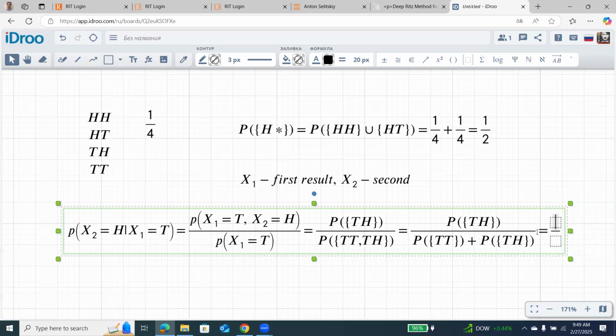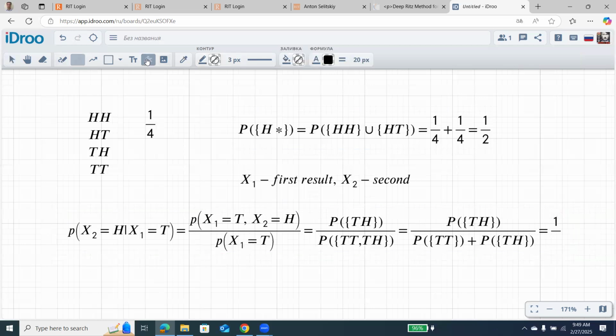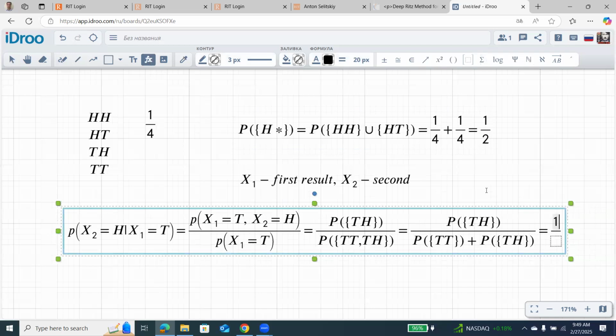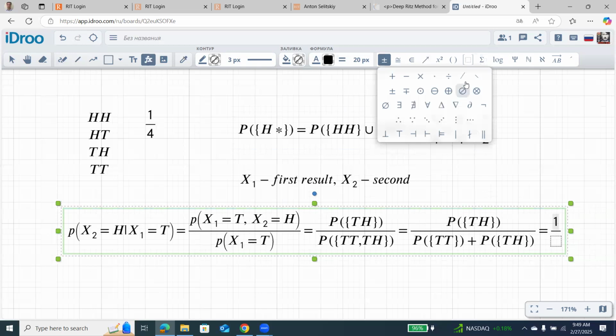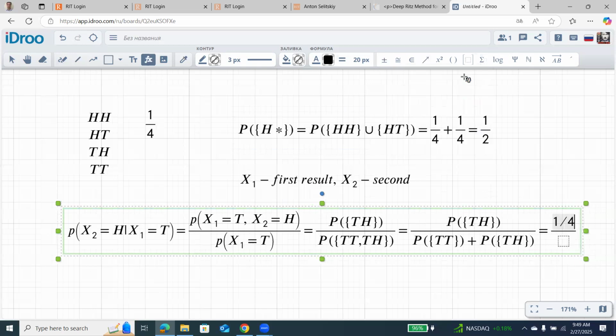What is the probability of tails tails? 1/4. Okay. So now we have the classical scheme, which is called the probability class, when every event has the same probability. So I want to write 1/4, but with this fraction 1/4.